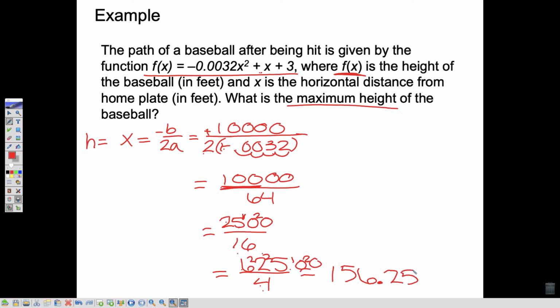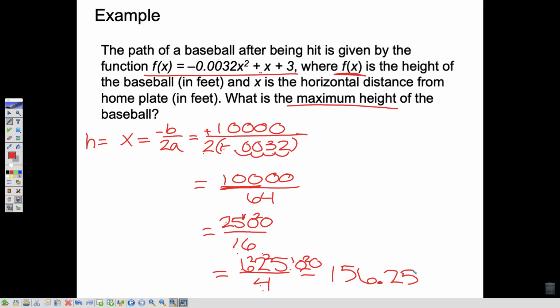And that's our maximum, so at 156.25 feet out from home plate, we need to find how high it is. I am not putting this in there without a calculator.